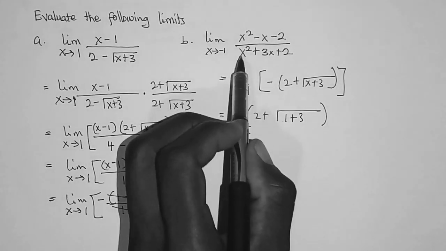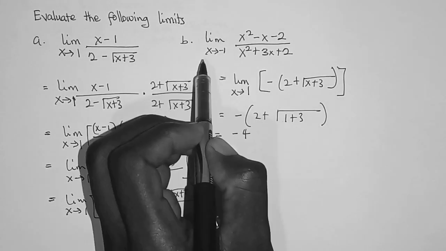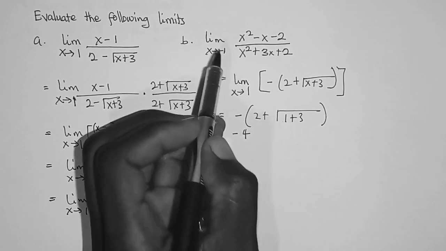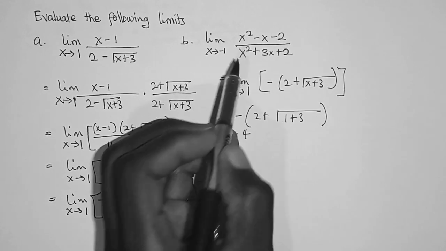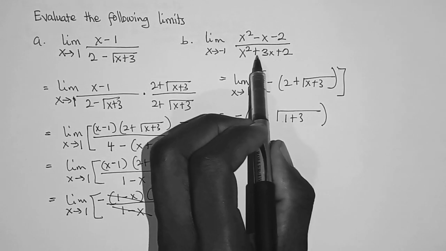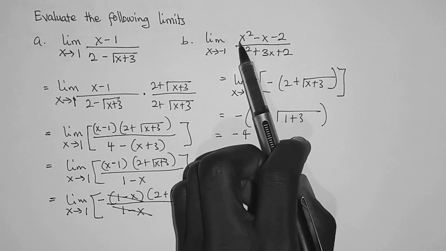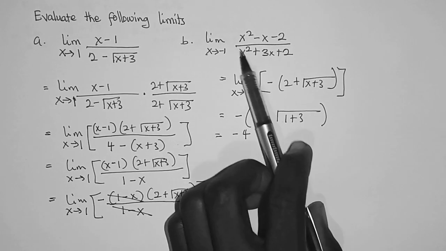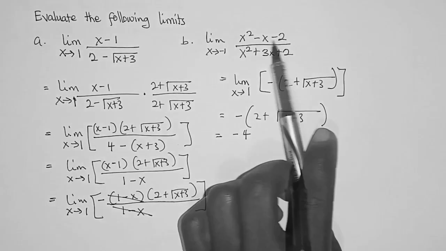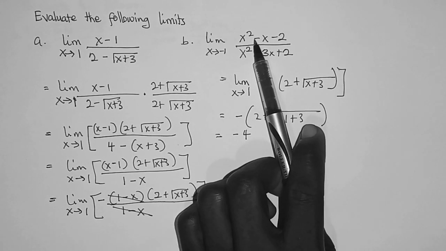Now let's come to the b part. The b part is limit as x approaches minus 1 of (x squared minus x minus 2) divided by (x squared plus 3x plus 2). So all we can do here is factorize both the numerator and the denominator. So we look for two numbers that if you multiply you get minus 2, but if you add you get minus 1.